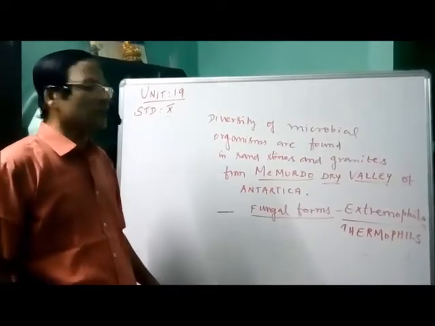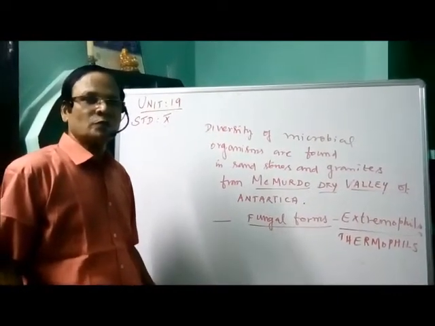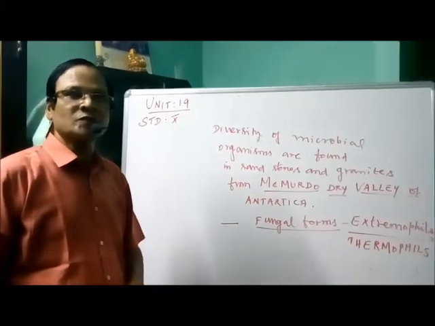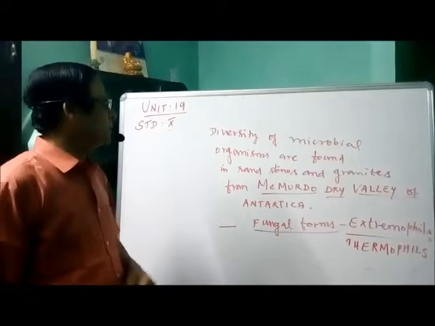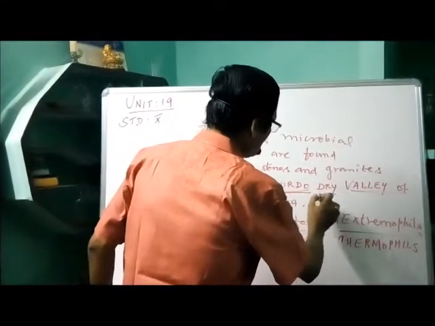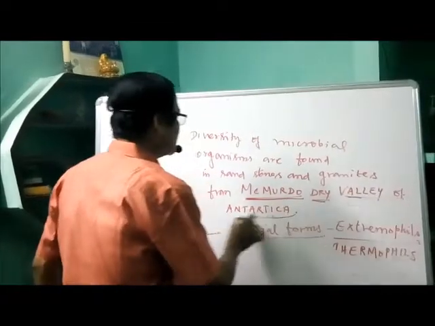The following is an example of extremophiles, that is, extremophilous organisms living in extreme conditions. You can see the McMurdo Dry Valley of Antarctica.